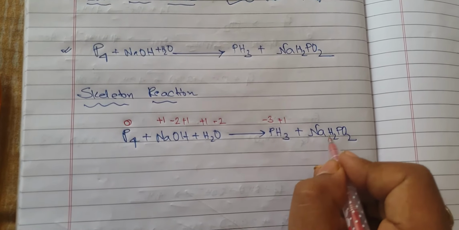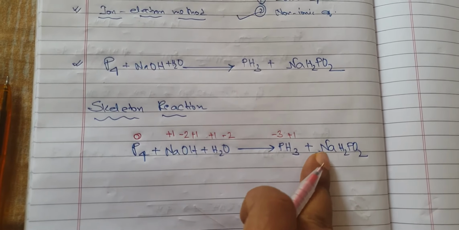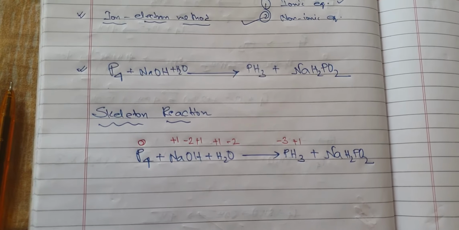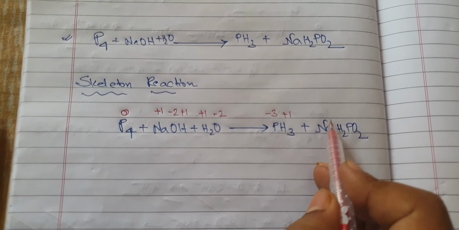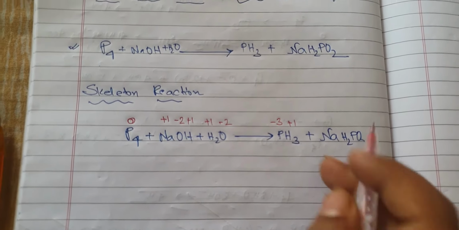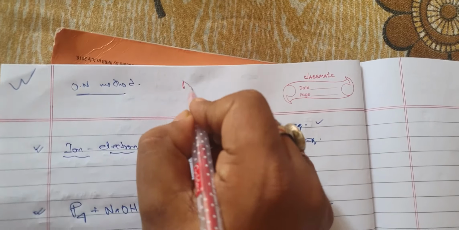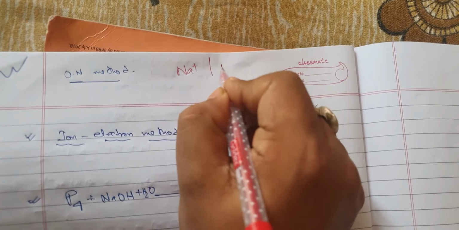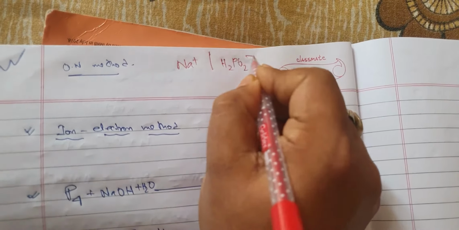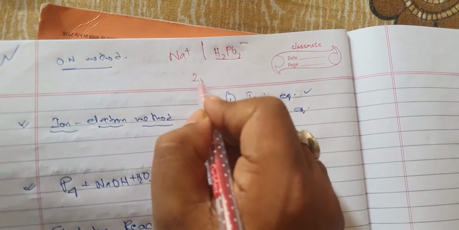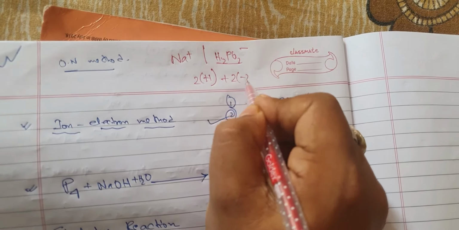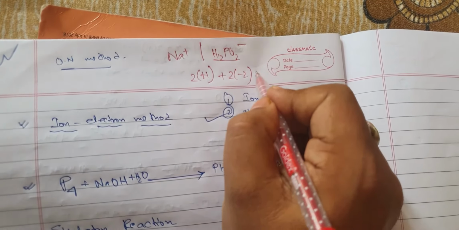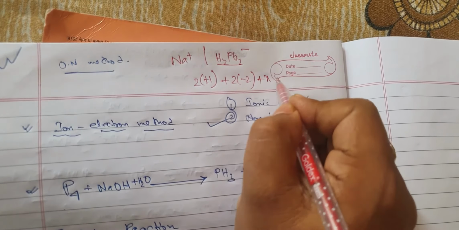Here, how to calculate this? I have taught you NaH2PO2. Actually it is Na plus and then H2PO2 minus. So 2 into plus 1 for H, plus 2 into minus 2 for O, and plus X for P is equal to minus 1.